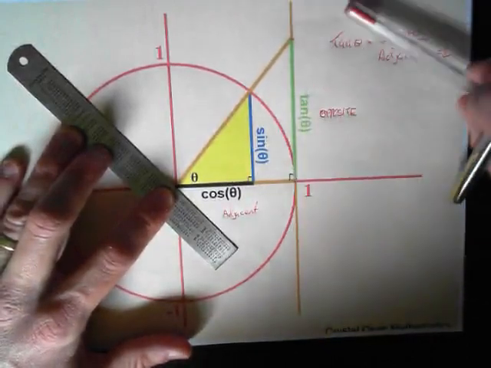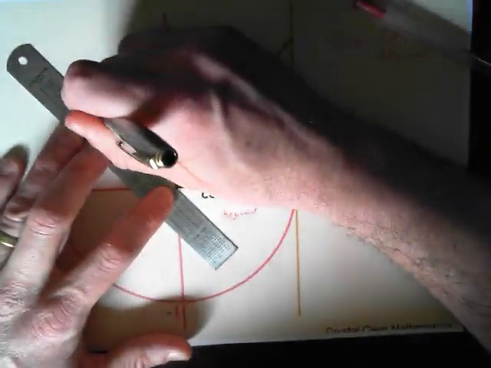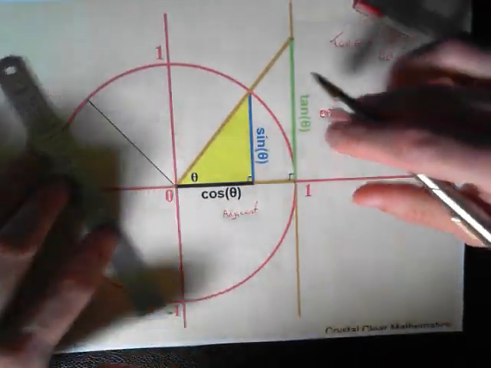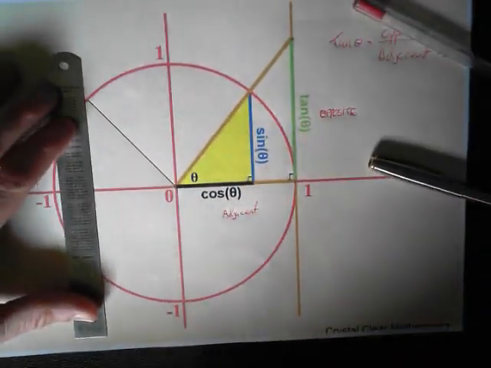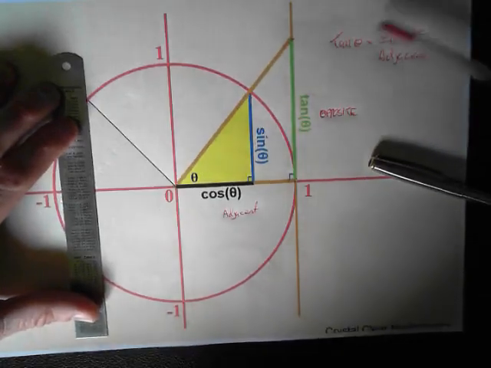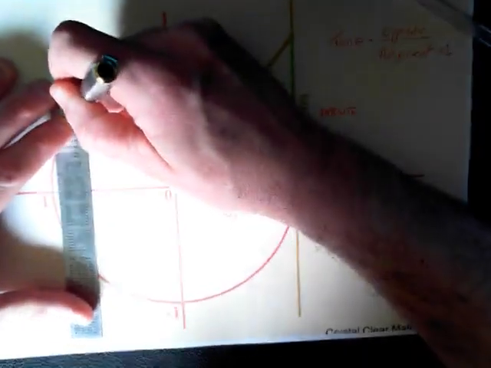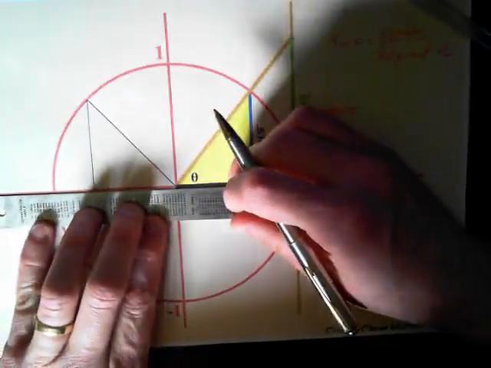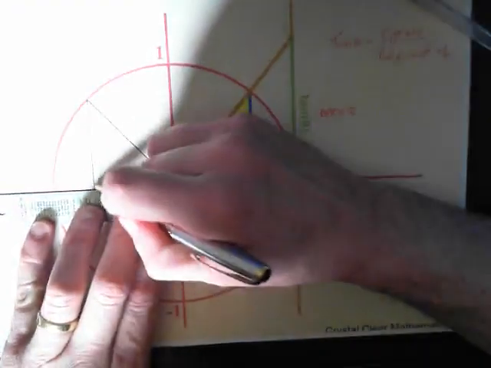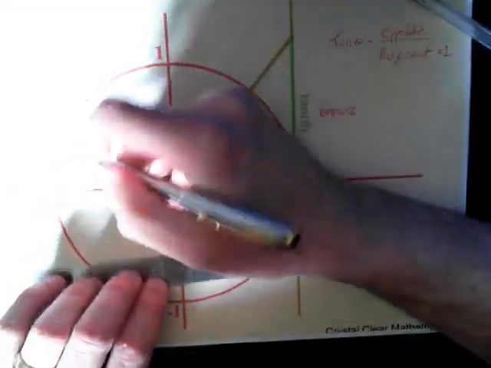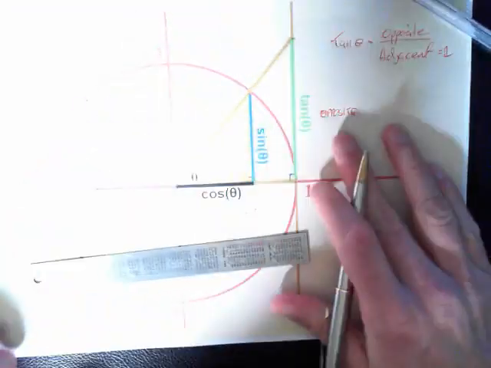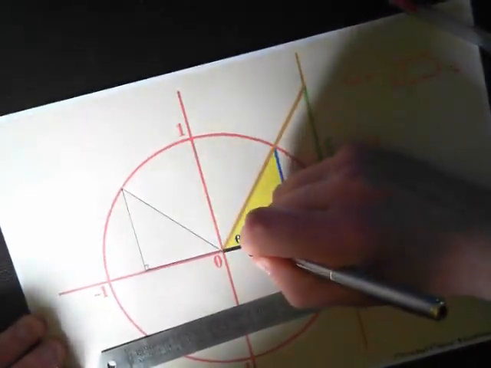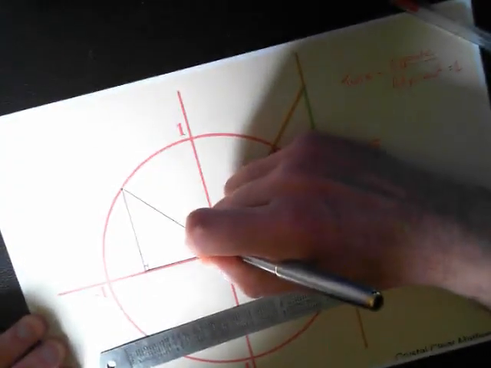If I draw an angle in there, then sine is this length here, cosine is this length here, okay, so what it is is this angle all the way around.